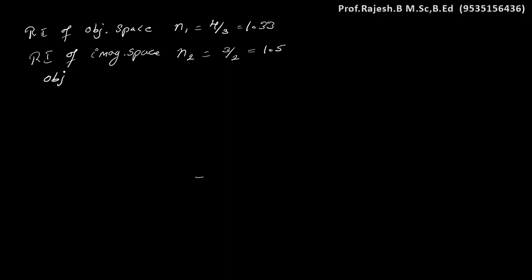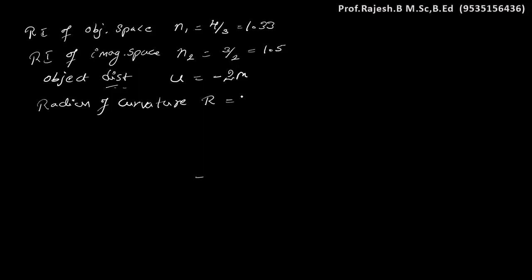Object distance u is minus 2 meter. We don't know the image distance, but the radius of curvature is given. Since it is a convex surface, the radius of curvature is positive, plus 0.2 meter.